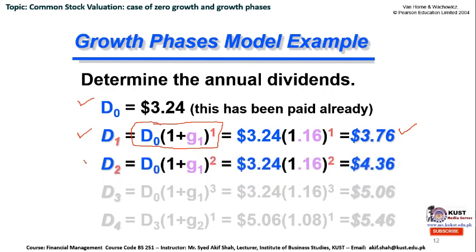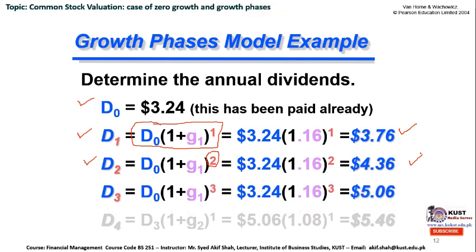For calculating D2, we have to repeat the same formula, but this time the power will be 2 because it is two time periods away from D0. Plugging in the values, D2 is $4.36.